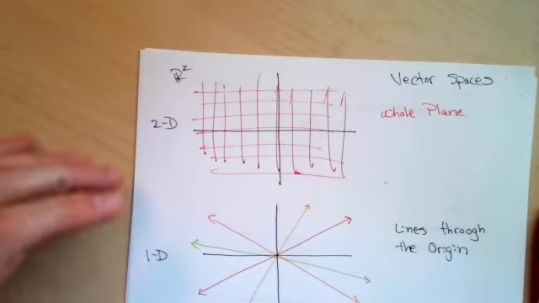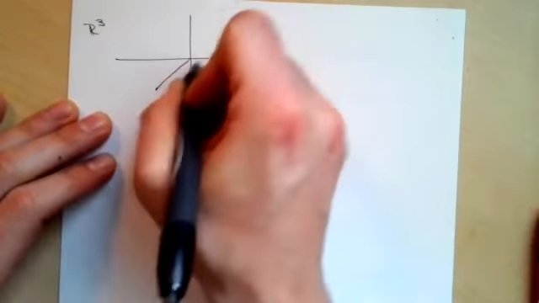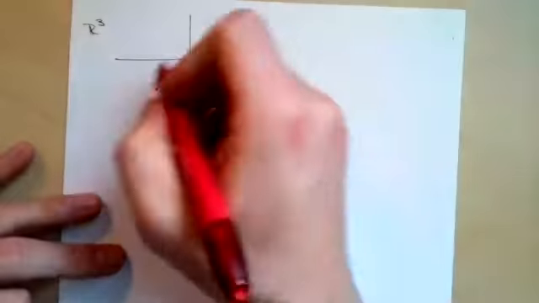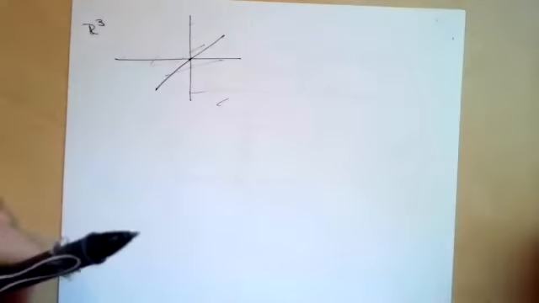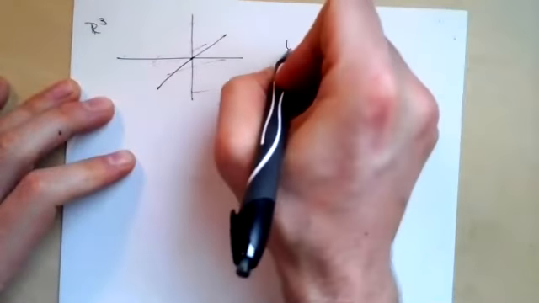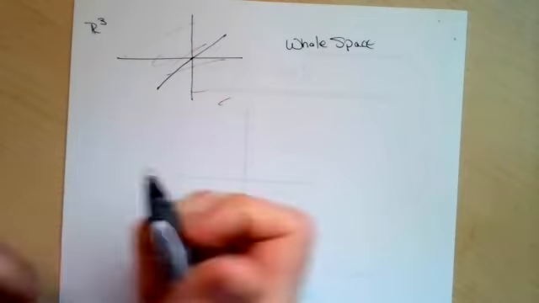As soon as we start looking at vector spaces in 3 dimensions, then we're going to have more. So in R3, you kind of want to generalize that same process. We get the whole space, all of 3-dimensional space.